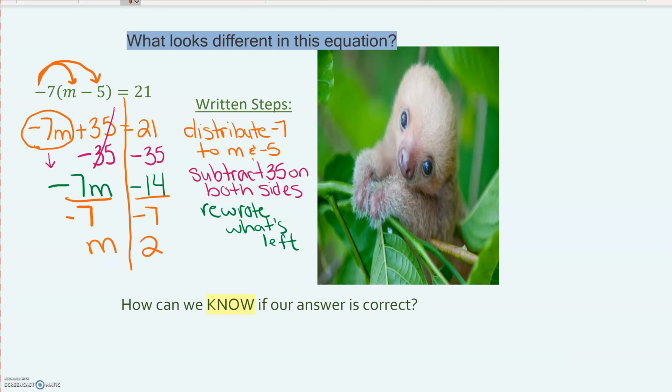We did that because we divided both sides by negative 7, and we're going to write that.